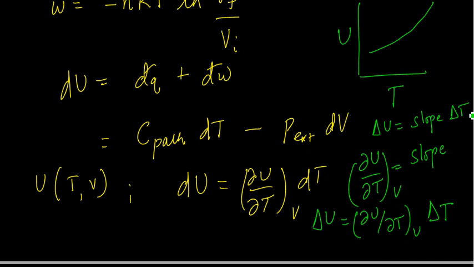Initially I had written du by dt, and then I said let me be more precise and write del u by del t at constant v. What del means is partial differentiation. I'm holding all the other variables constant but differentiating only with respect to one variable, that is temperature.